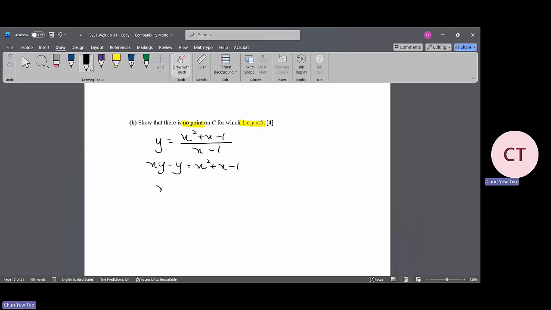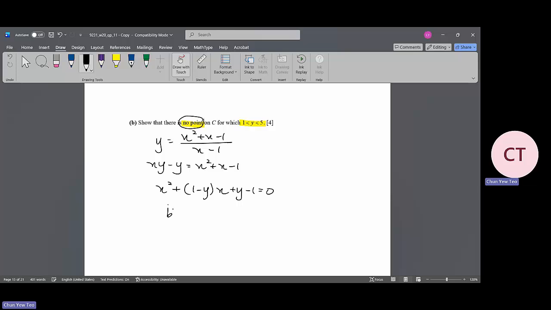Rearrange them to become a quadratic equation where x is the variable and you can assume that y is a constant. Then you need the discriminant to be less than 0 in order to have no solutions or no point.